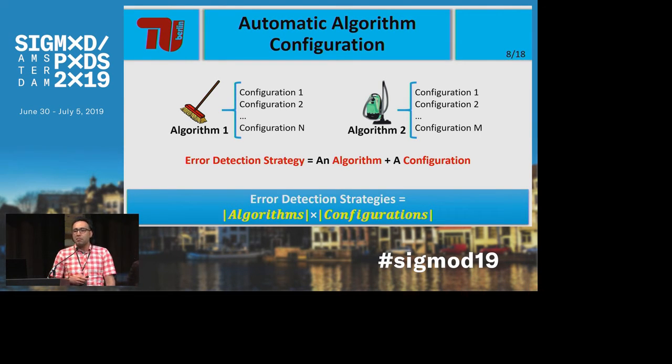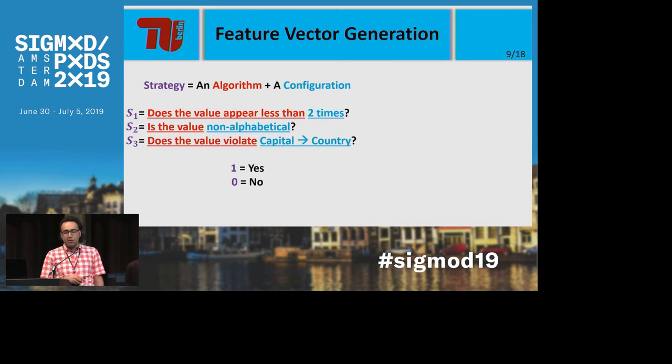Let's look at some examples for these kinds of strategies. For example, here you can see three strategies. The first strategy is an outlier detection strategy. It says, does the value appear less than 2 times? Here, 2 times is a configuration, a parameter. It can be 3 times, it can be 4 times. The second strategy is a pattern violation strategy.